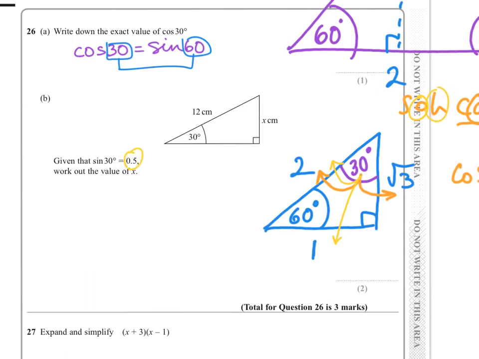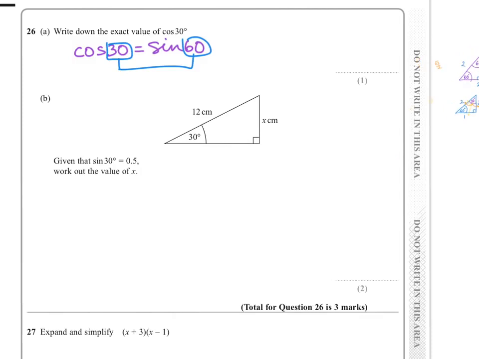So that makes complete sense. And we've just got to work out the value of x. Well, let's have a look at the diagram. We have the opposite here, and we have the hypotenuse here.